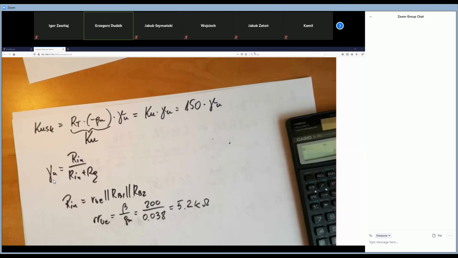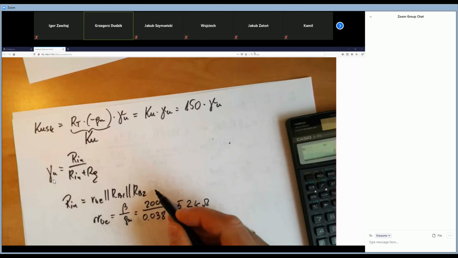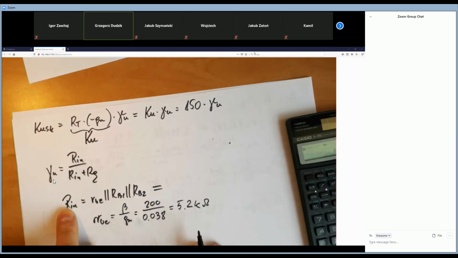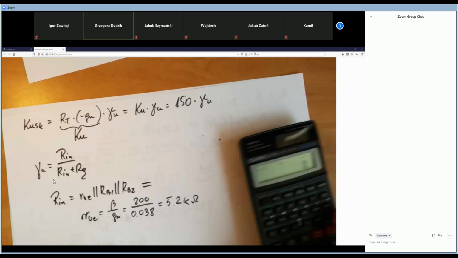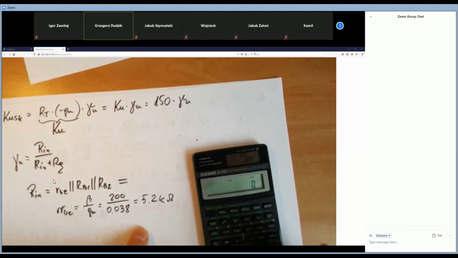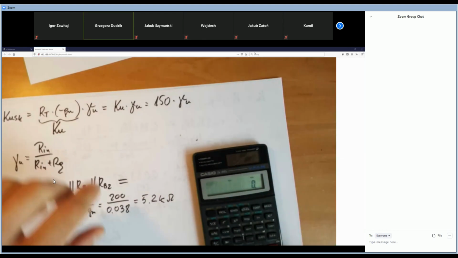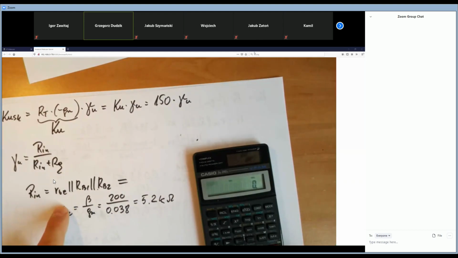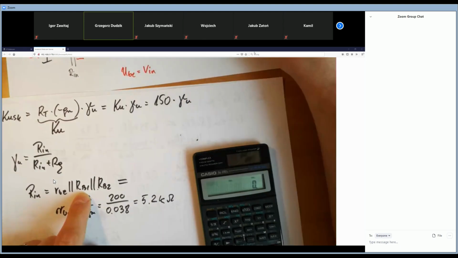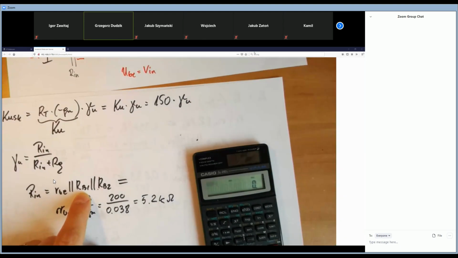What else? So we have to find the Rin. All right, let's make it. First of all, let's calculate RBE parallel with the RB1. RB1 is 56 kilos.